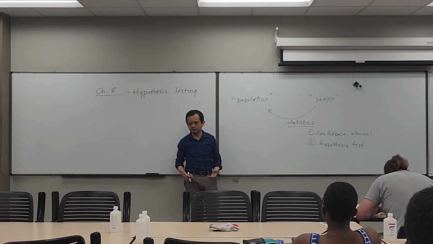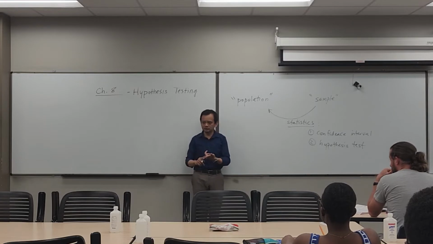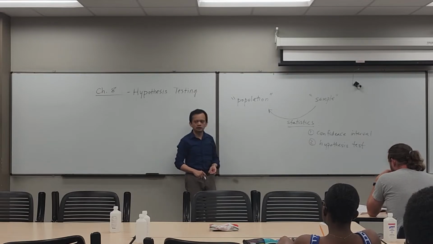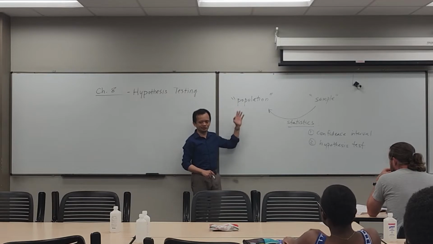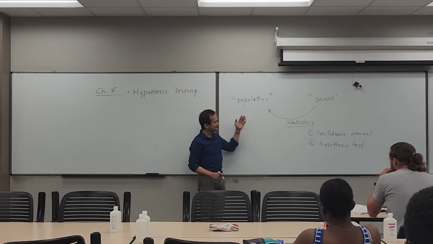So what's the issue with doing that? It's not feasible. Yeah, one is it's not feasible, just like asking every person whether they approve of the president isn't feasible. What's another reason? Safety issues. Yeah, safety issues, like people could die because you don't know the effects of the drug beforehand. And people dying is bad for business.